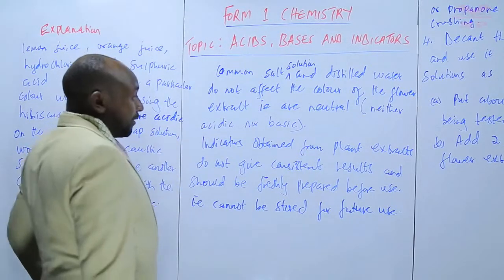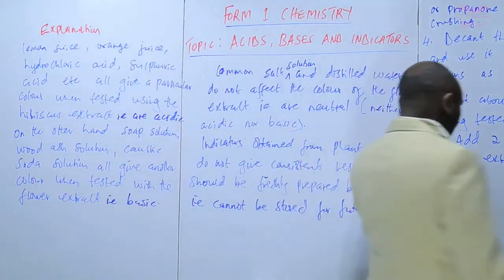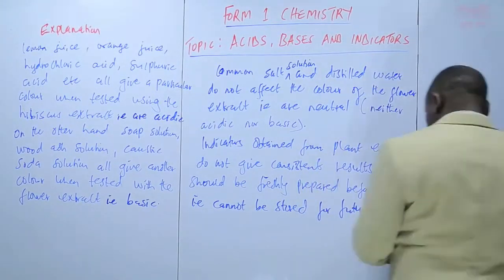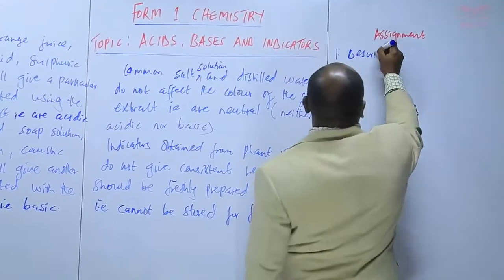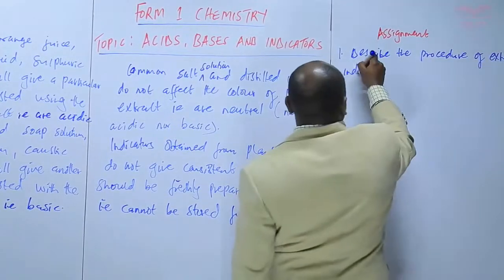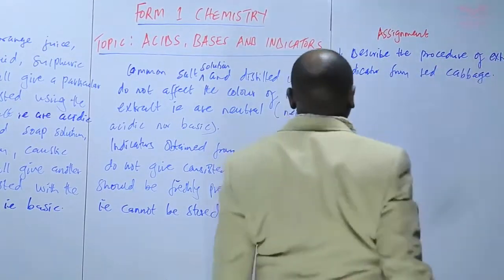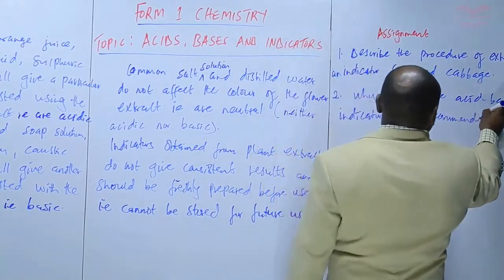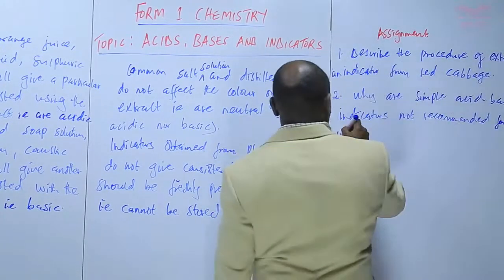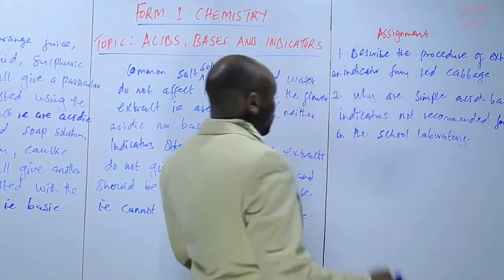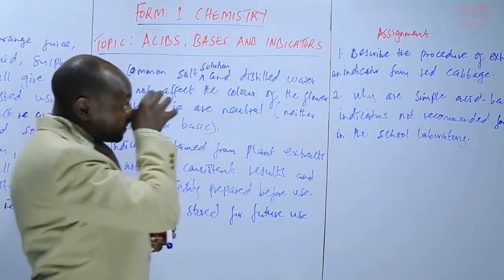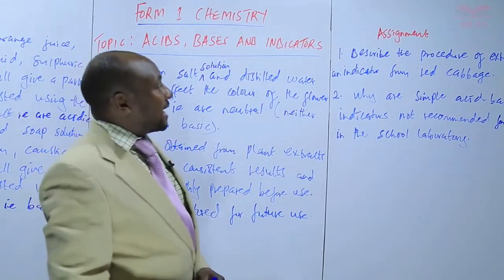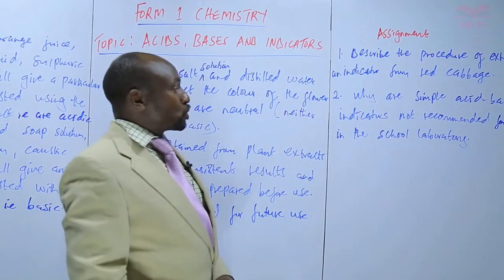So our assignment for today. The first question in the assignment: describe the procedure of extracting an indicator from red cabbage.